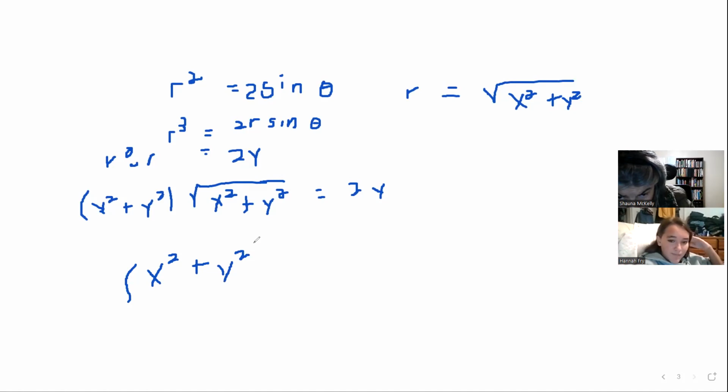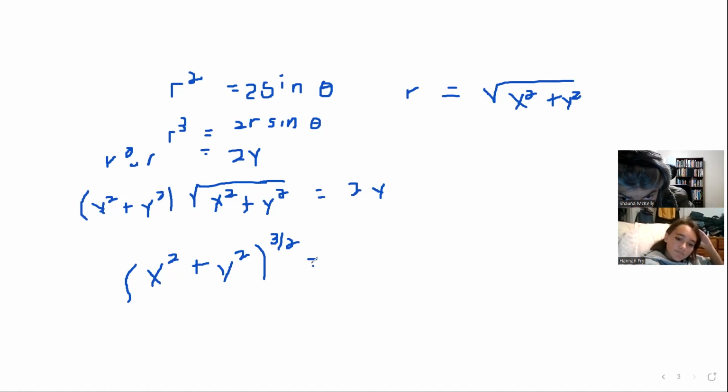Now, I'm just going to use the power. So this is the first power, right? This thing in parentheses is a half because it's a square root, isn't it? So then 1 plus a half would be 3 halves. So you get x squared plus y squared, which would be a really odd equation to graph. x squared plus y squared to the 3 halves is equal to 2y.